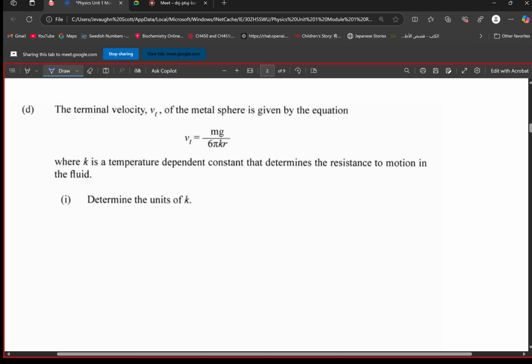Anyone? Alright, first of all, let's transpose to find K. At the end of the day, we would have K being equal to mg over 6 pi Vt r.